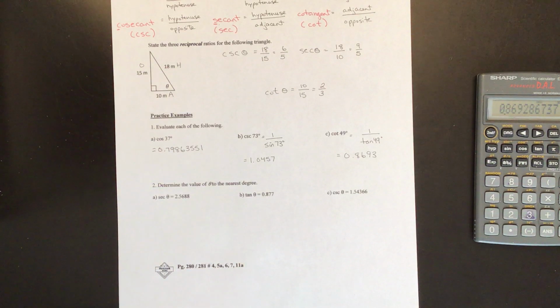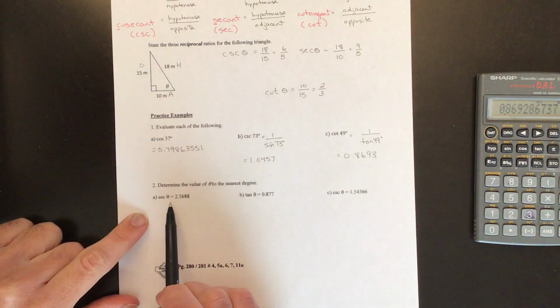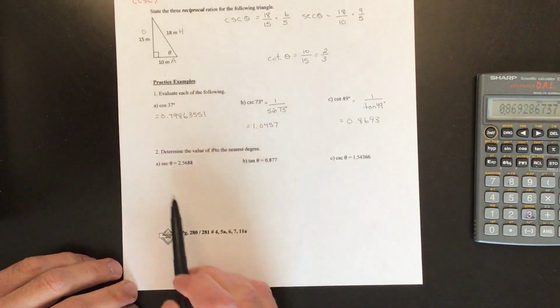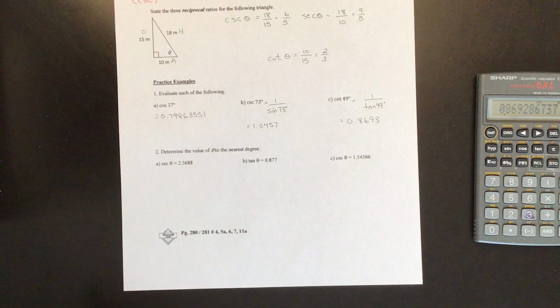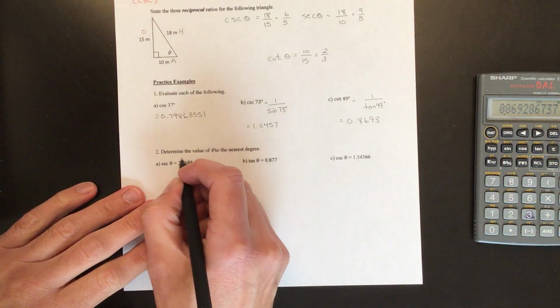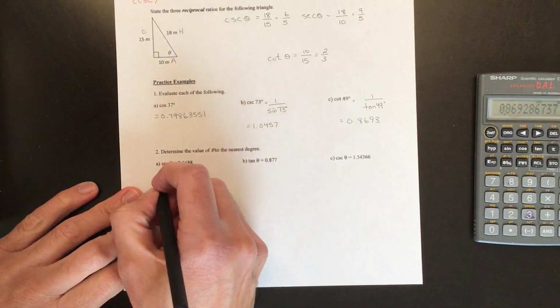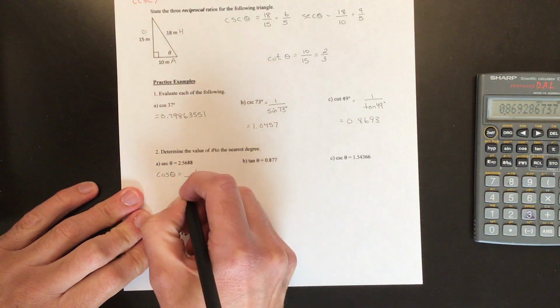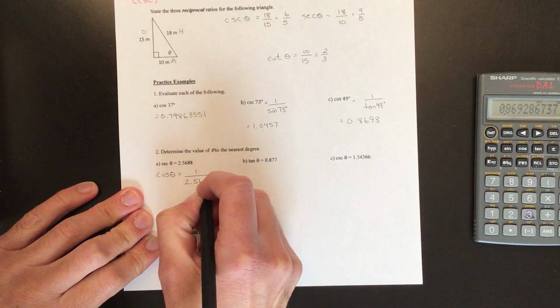Question 2, determine the value of theta to the nearest degree. So again, secant gives me this decimal. Secant is the reciprocal of cos. So again, I want to take the reciprocal of this decimal. So cos theta equals 1 over 2.5688.